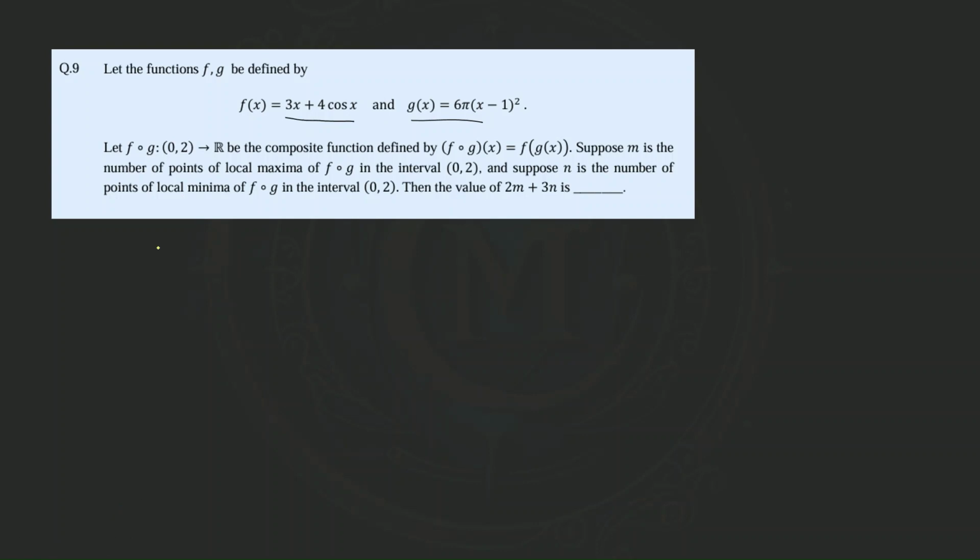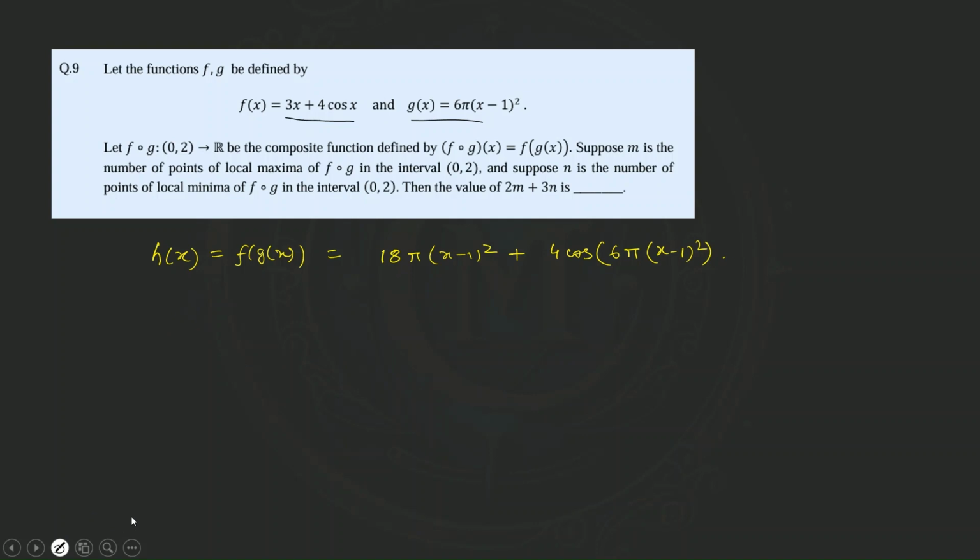So let us calculate first the composite function. Let's say this h(x) is f(g(x)). So f(g(x)) will be simply 3 into (6 pi (x minus 1)) whole square, that means 18 pi times (x minus 1) whole square, plus 4 cos of 6 pi (x minus 1) whole square, right?